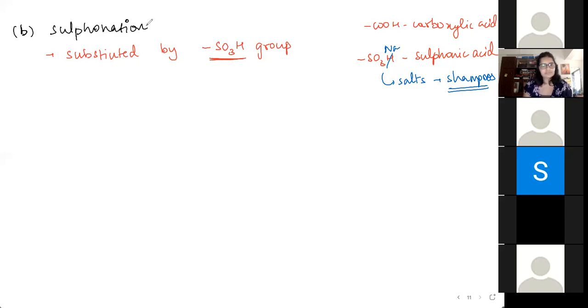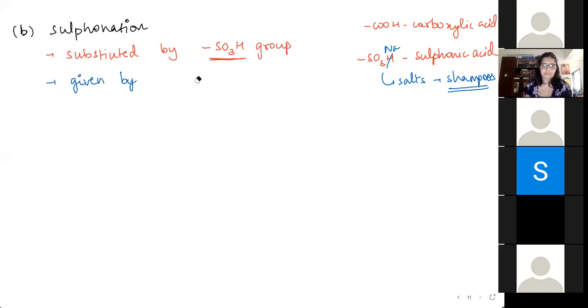Anyway, back to it. Sulfonation is substitution by the SO3H group. This is generally given by alkanes C6 and above, because sulfonation is more effective or more common with longer chain carbon atoms.